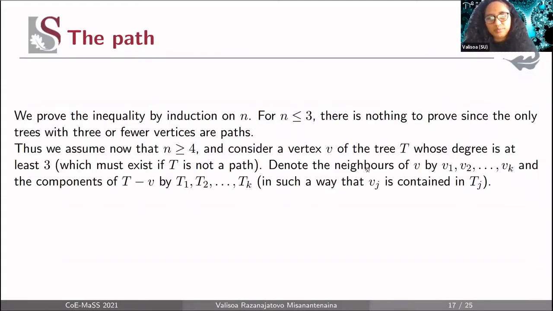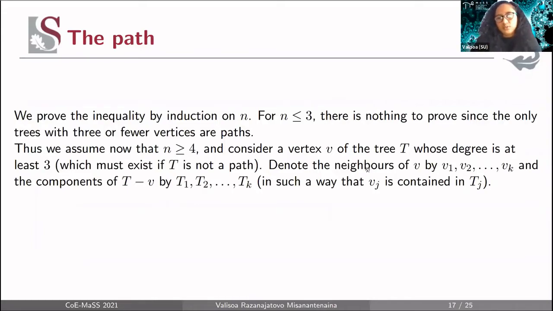So we assume that the number of vertices is greater than or equal to 4, and we consider a vertex v whose degree is at least 3. That vertex must exist since T is not a path.